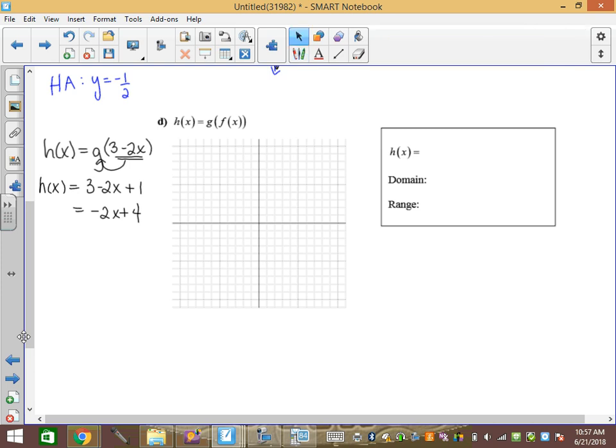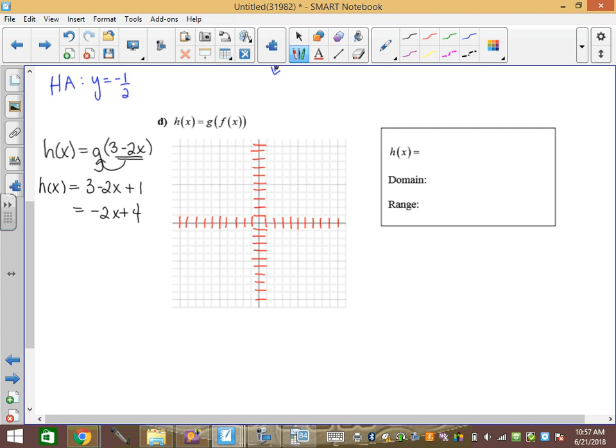I'm going to draw that. Okay. So I go to 4 on my y-intercept, and then I go down to right 1, down to right 1, or up to left 1.